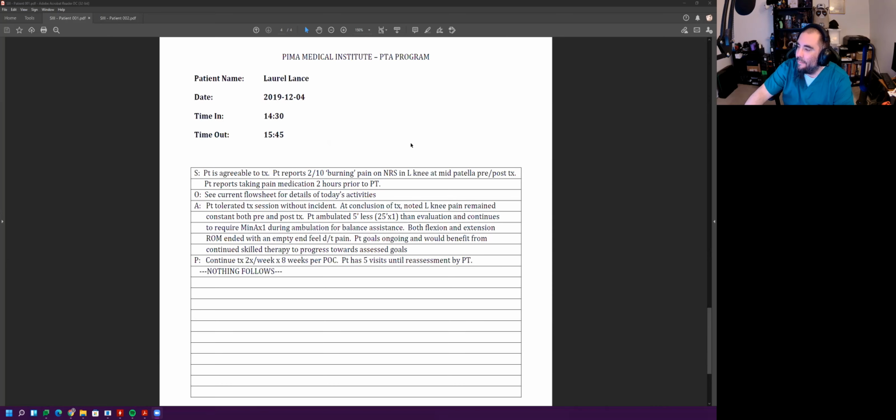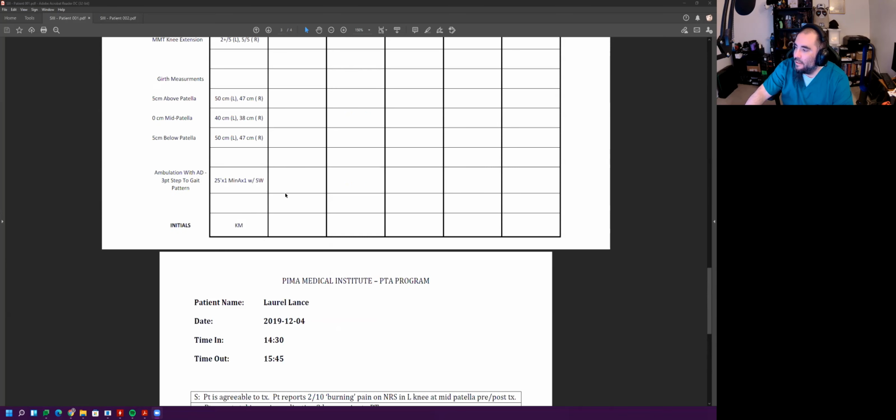So let's say, going back here, instead of walking, let's say we added long arc quads to an exercise, right? So we did 3 sets of 10, 0 pounds, right lower extremity.